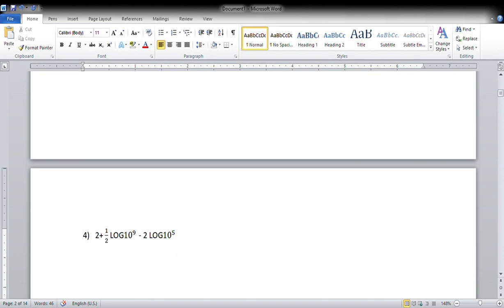Whenever you are in the initial phase of logarithmic mathematics, please try to understand how we read the logarithmic number. Suppose this is 9, for this case you can read it as log 9 with the base 10. For this number, we can read it as log 5 with the base 10.